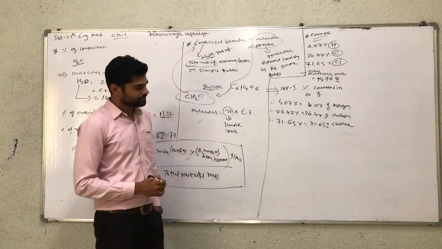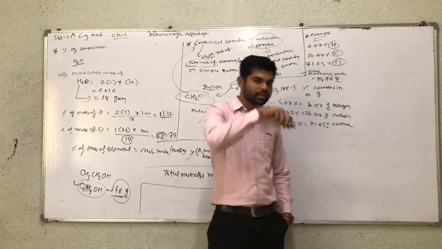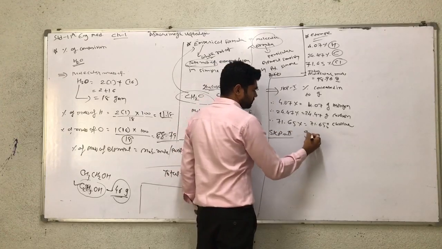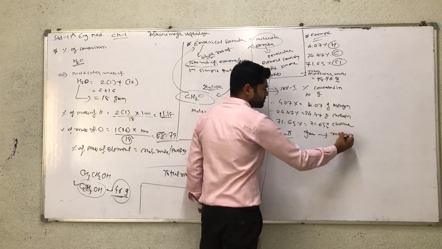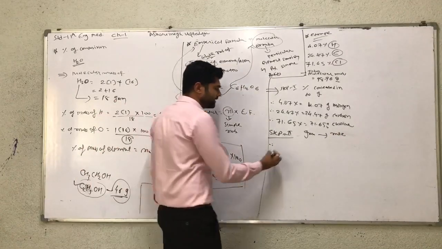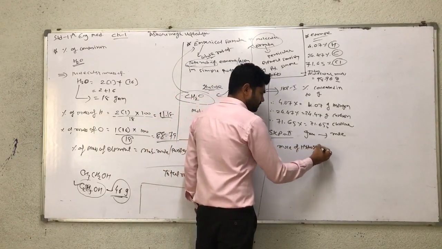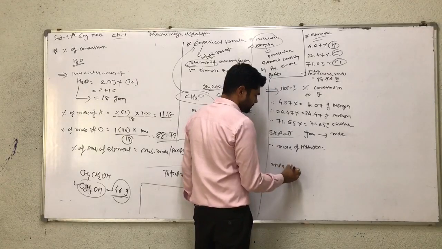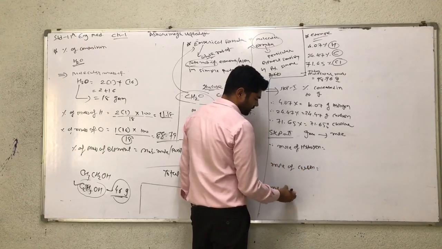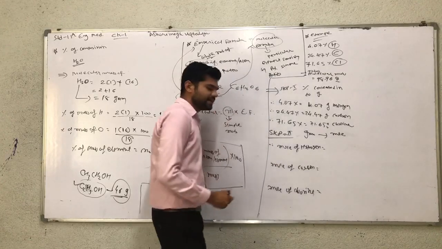Step 2: gram converted into mole. How to convert it into mole? Mole of hydrogen, mole of carbon, mole of chlorine. How to find the mole of hydrogen?